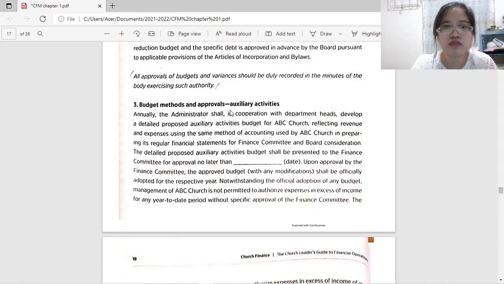Budget methods and approvals for auxiliary activities. Although this is outside the regular budget, of course, the expenses, the money that would be collected for auxiliary services, auxiliary activities, should be accounted for properly as well.